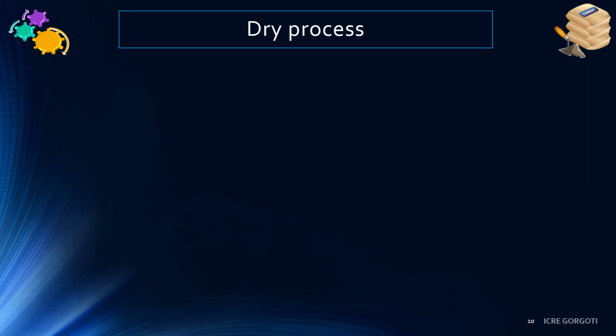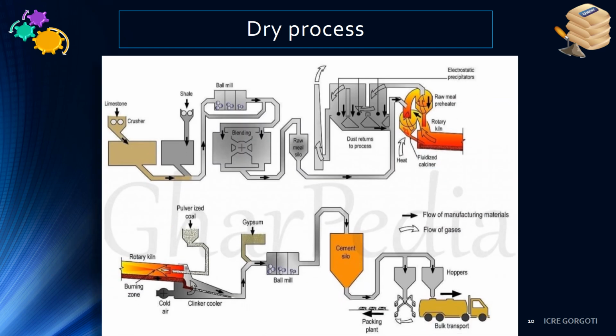The dry process of manufacturing of cement. Then let's see how cement is manufactured according to the dry process. In the dry process, the raw materials, that is calcareous and argillaceous materials, are crushed and fed in the right proportions and ground in a ball mill where they are dried and reduced to a very fine powder.